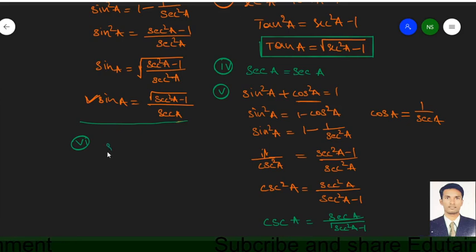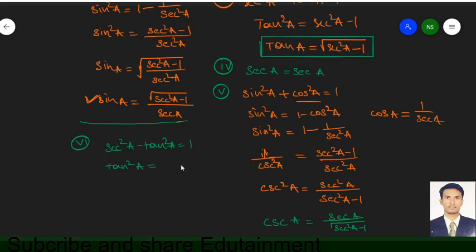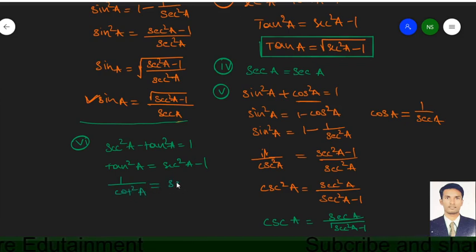Yes, we have secant square A minus tan square A, which is equal to 1. So from this, if I separate tan square A, it is equal to secant square A minus 1. This tan I can write as 1 by cot, so 1 by cot square A is equal to secant square A minus 1.